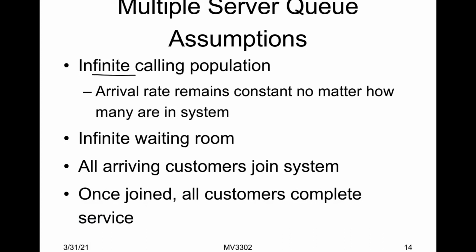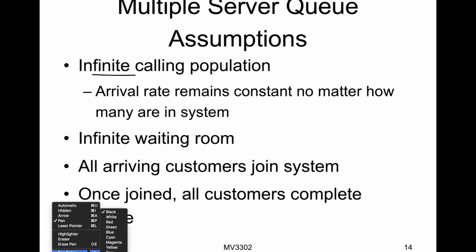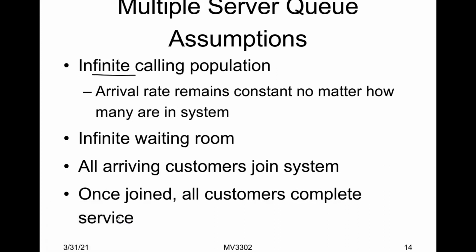What does that mean? That is a consequence of the fact that the arrival rate basically remains constant no matter how many are in the system. So we're currently located, at least most of us, on the Monterey Peninsula. And on the Monterey Peninsula, there are roughly 100 or so thousand people.